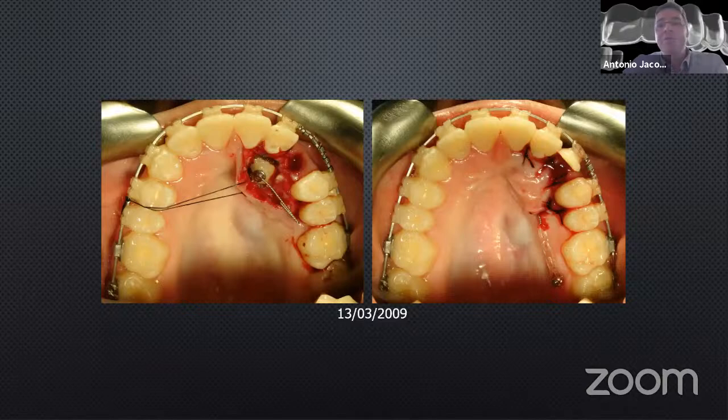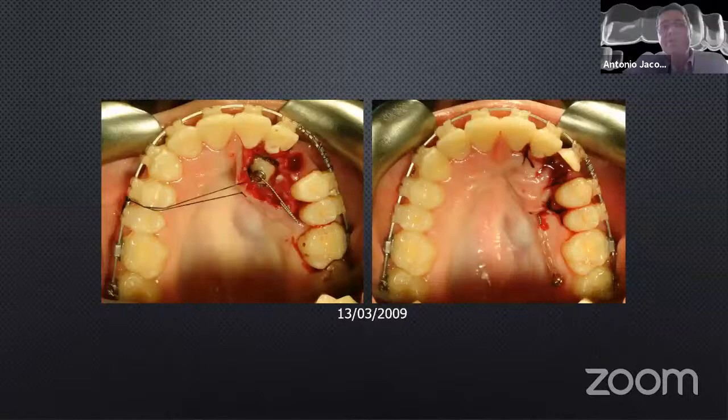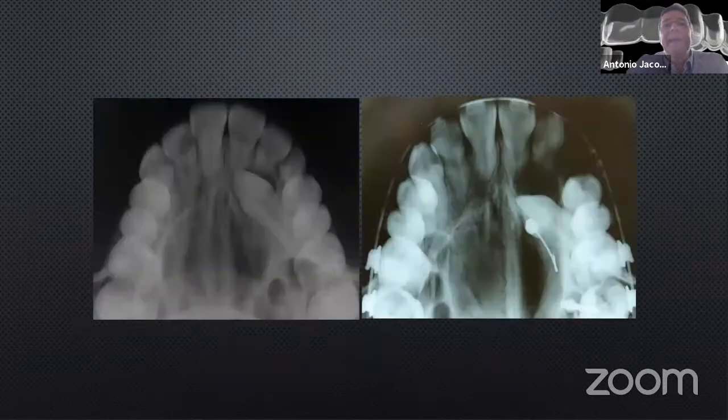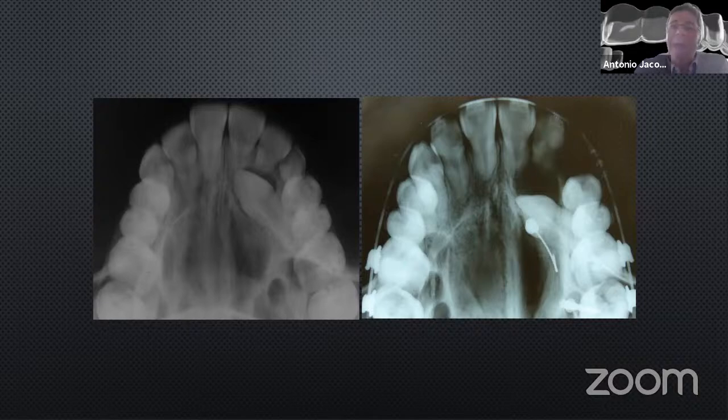At this time, I used a mini implant on the palatal side and just recovered the canine, bonded a small attachment, and used the mini implant at the same time of the surgery to bring this canine back. The first time we just tried to bring it back, and then we can see by the x-rays that the canine moves very nicely and gets out of the root of the lateral incisor.